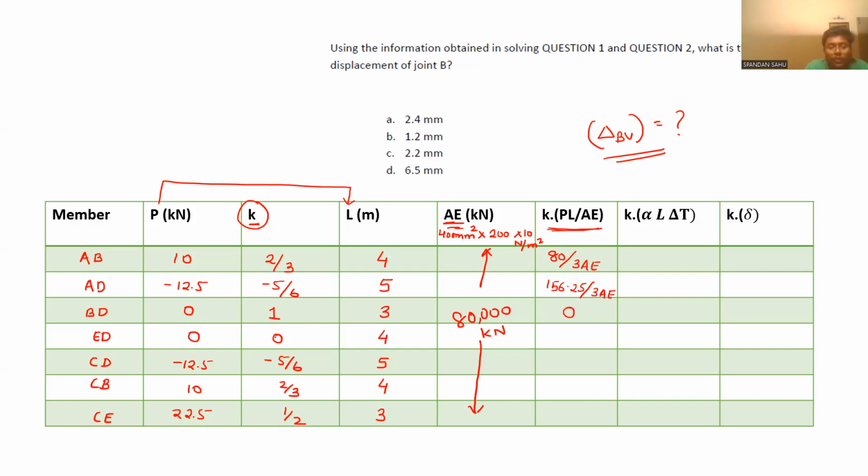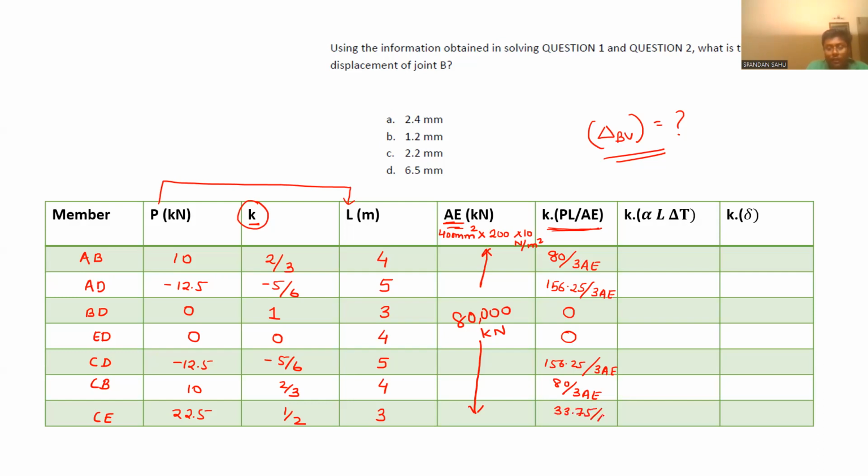Here P is 0 and K is also 0, so 0 multiplied by anything will give us 0. And this will be 156.25 upon 3 AE. This will be 80 upon 3 AE.